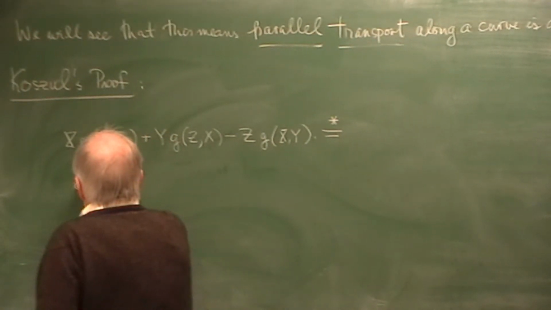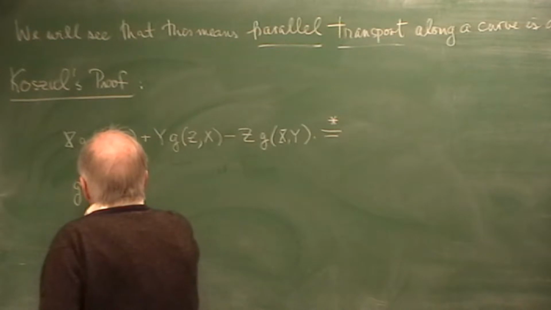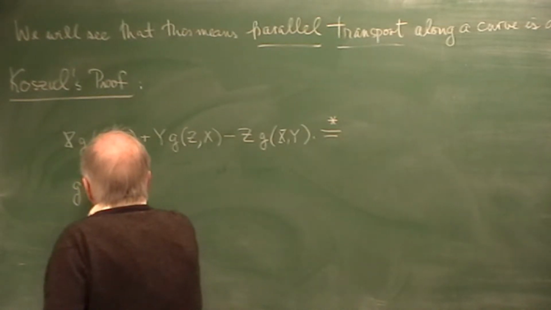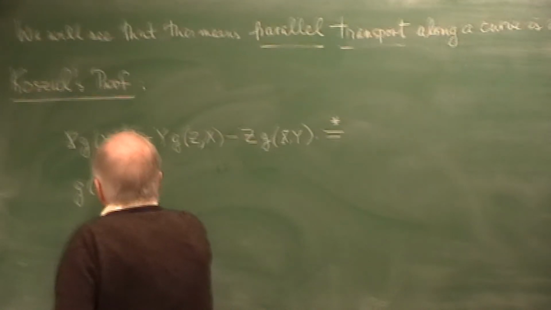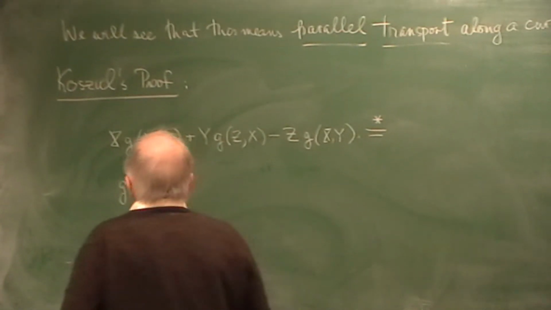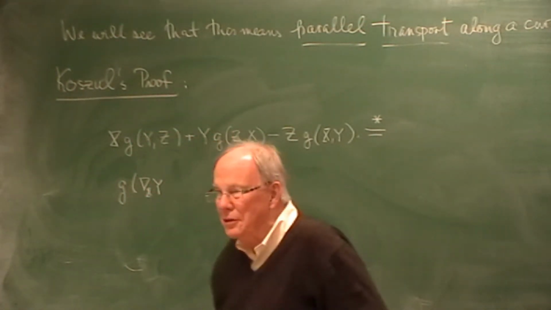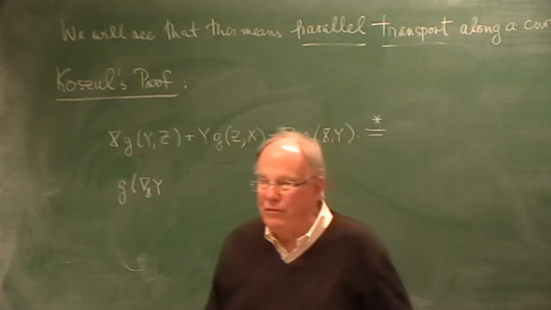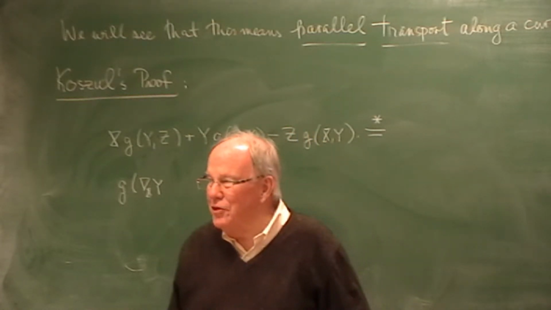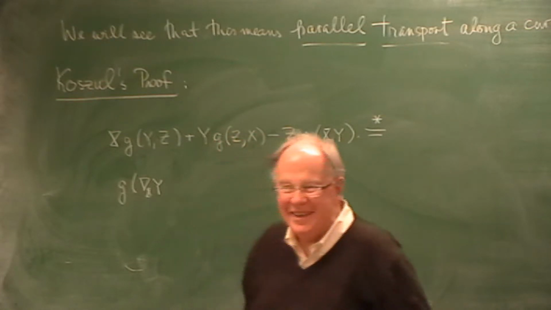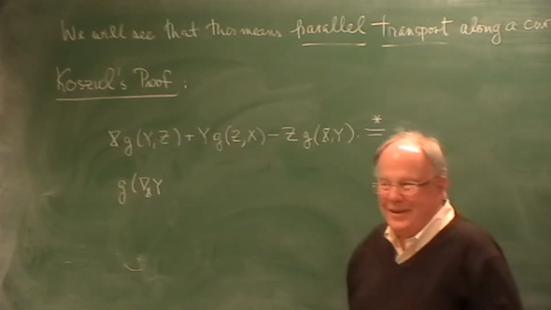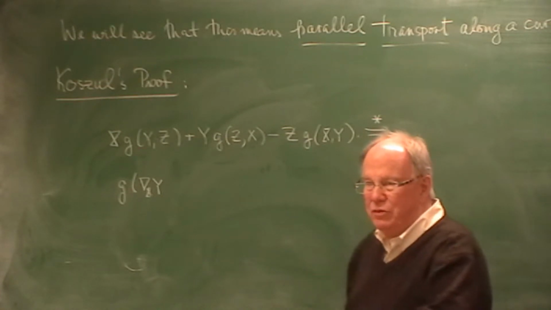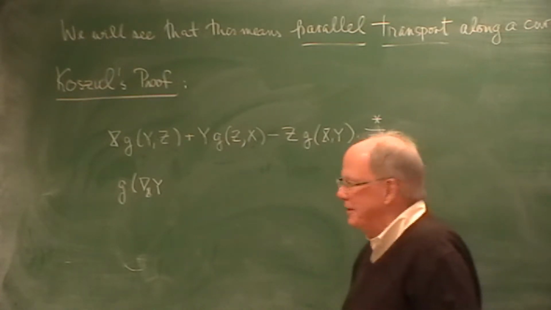This is G of nabla X of Y. Physics people will like me because I learned how to cheat from physicists. You cheat and then you recover from cheating. That's the only way.